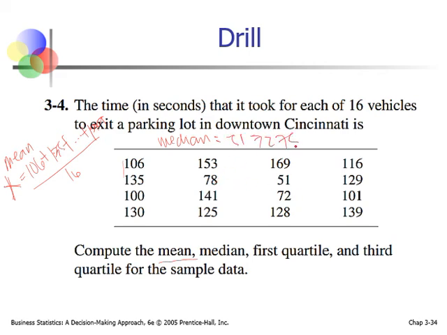Next is 78, and so on up to the largest number, which is 169. The one in the middle is your median. For the first quartile, you should also arrange this, then find the 25th.